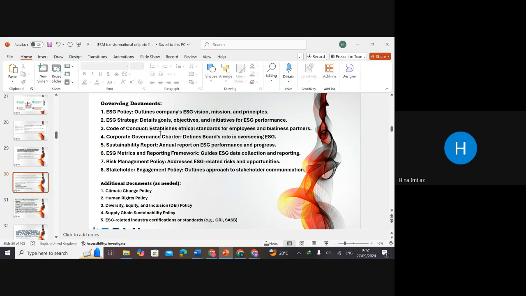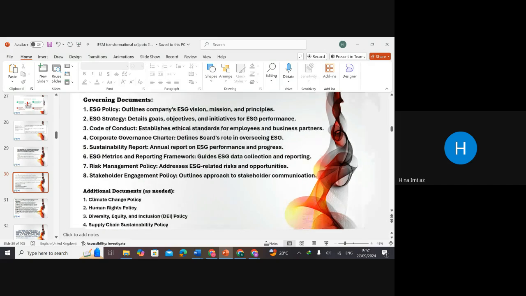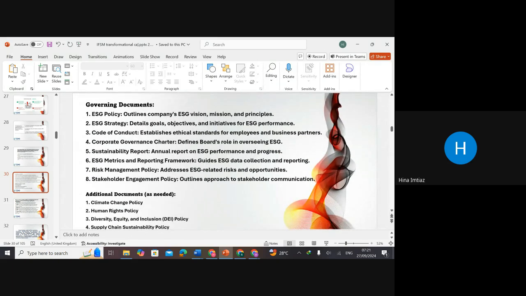Then we have the corporate governance charter, which defines the board's role in overseeing ESG. Then we have the sustainability report, in which a team presents the annual report on ESG performance and progress. ESG metrics and the reporting framework guide ESG data collection and reporting.